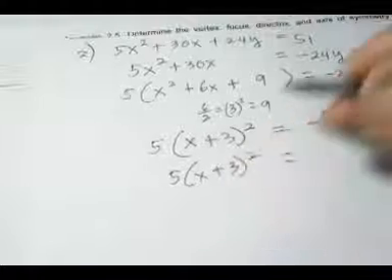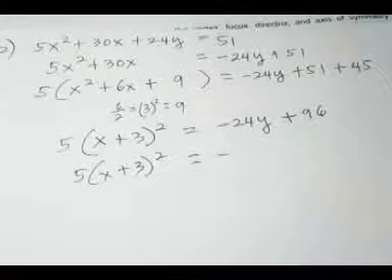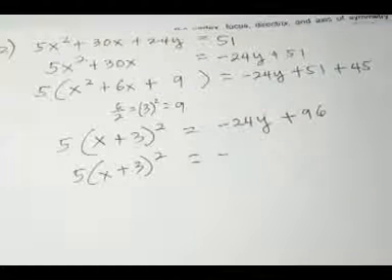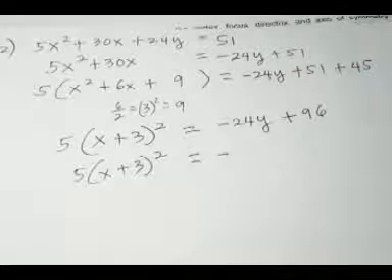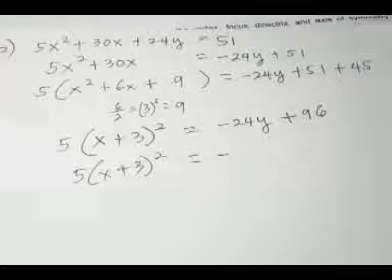Next, simplify this one. We can remove a common factor. What is common between 96 and 24?